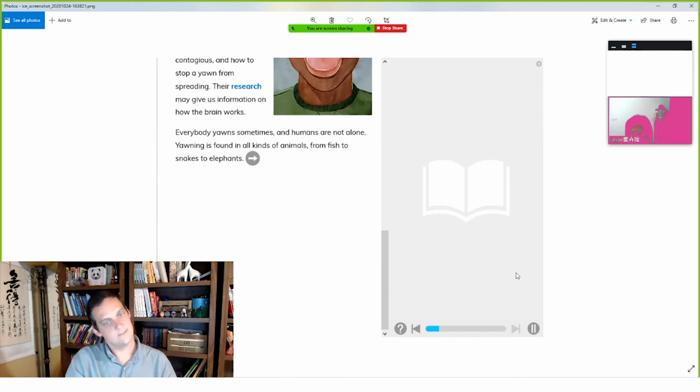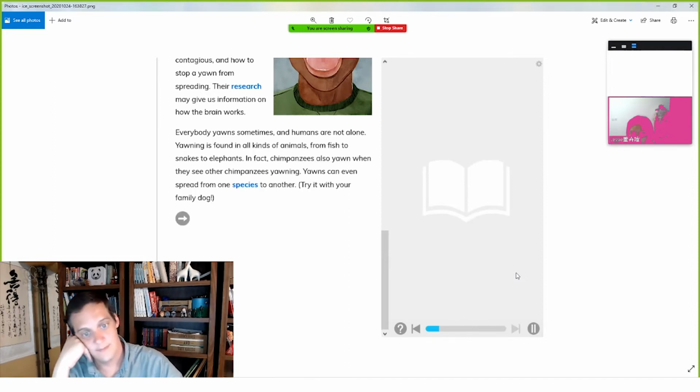Everybody yawns sometimes, and humans are not alone. Yawning is found in all kinds of animals, from fish to snakes to elephants. Even animals yawn. In fact, chimpanzees also yawn when they see other chimpanzees yawning.